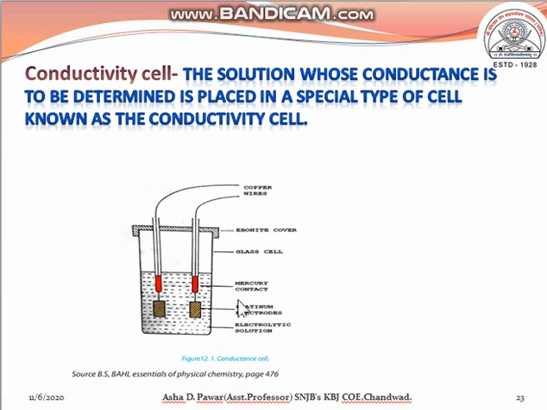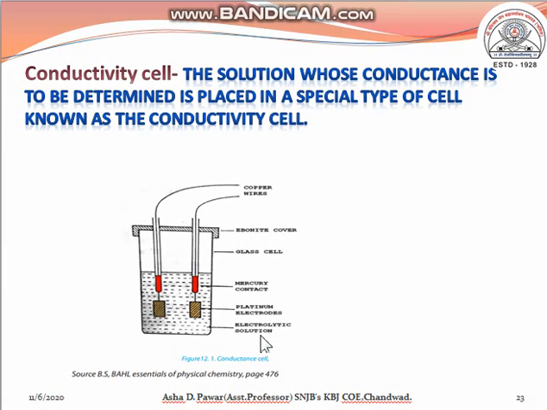Above these two platinum plates, in a small glass tube, mercury is in contact with the platinum. The cell is made of glass, and copper wires can be used for the electrical contact.